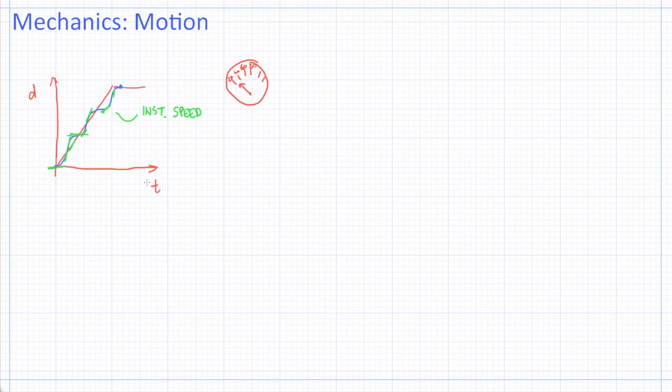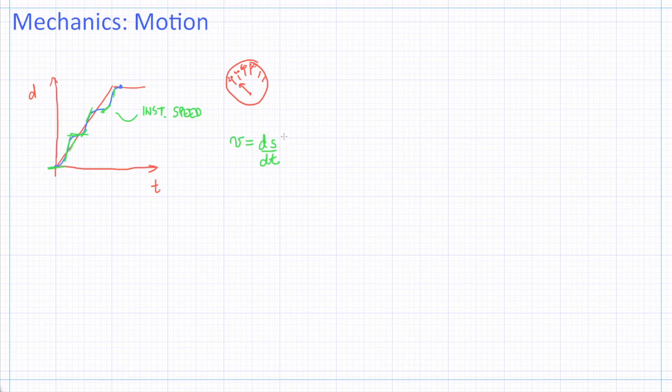If you're into calculus, in fact, your instantaneous speed would be the derivative of position with respect to time, or the rate of change of position with respect to time.